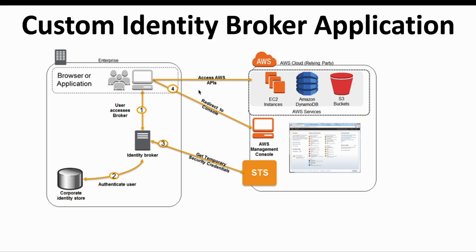In the case of APIs, it is the same thing: it will use the temporary access keys and provide access to the EC2 instance or whatever services are permitted through the policy.